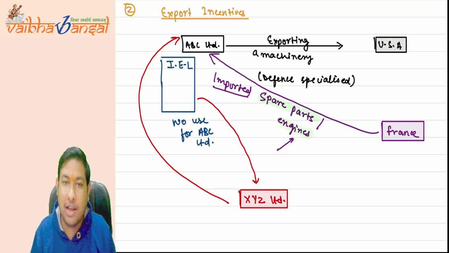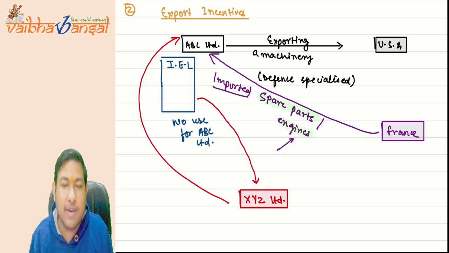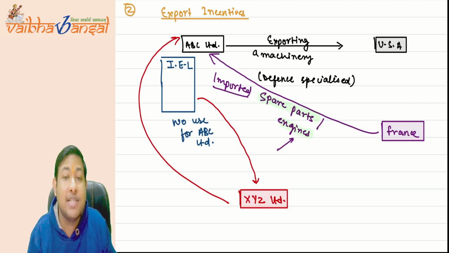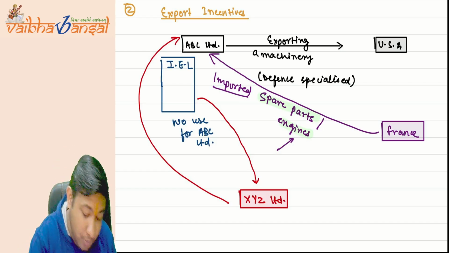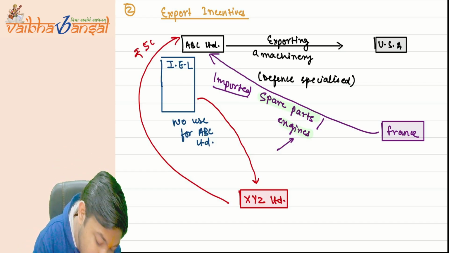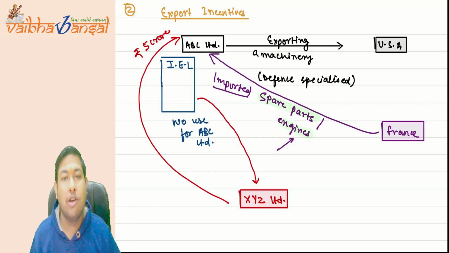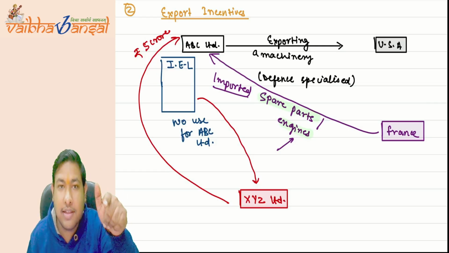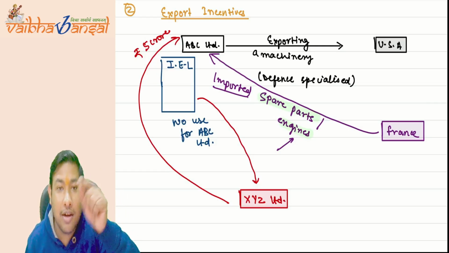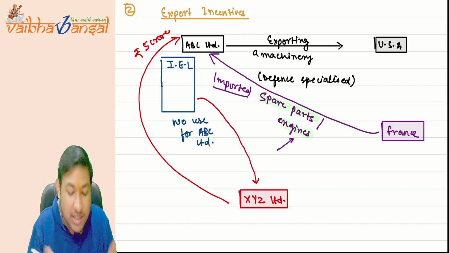And for transferring it, ABC Limited charged something. Suppose it charged 5 CR rupees. So it is a gain that ABC Limited earned from the export incentive.